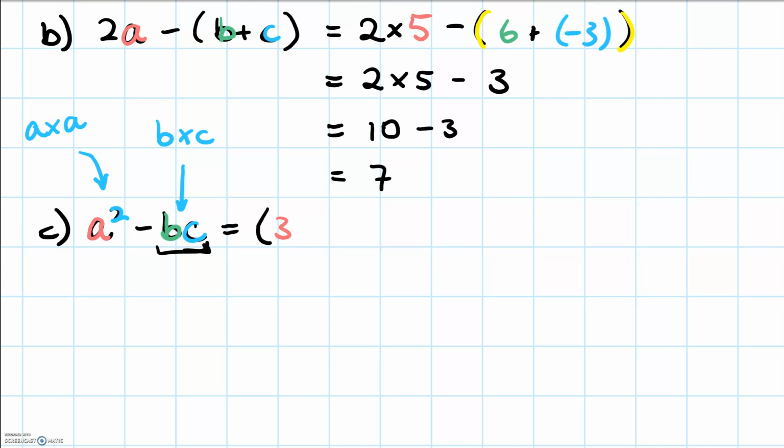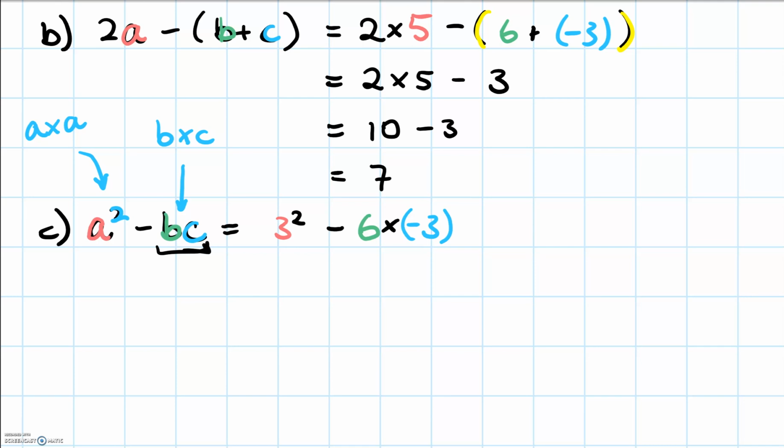Actually, I'll just write it without the bracket just to make it a little bit clearer. Squaring my 3. Minus, now what I said was when we see bc, that's just b times c. So I'm going to have 6 times negative 3. I'll put a bracket around my negative sign just to make it a little bit separate from the others.